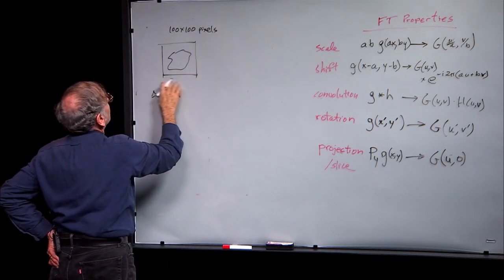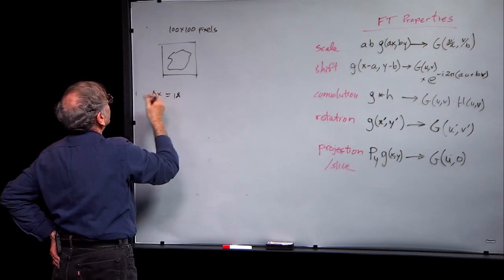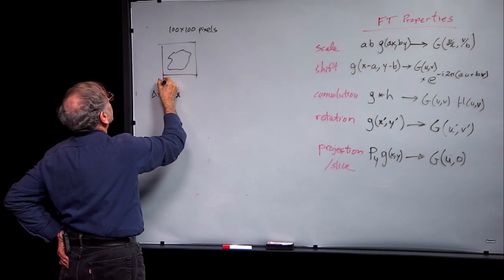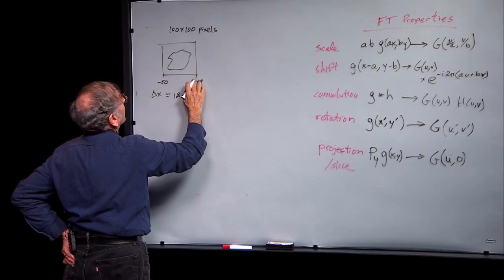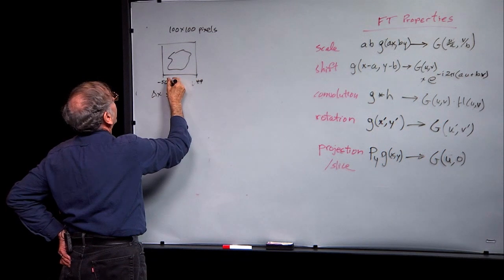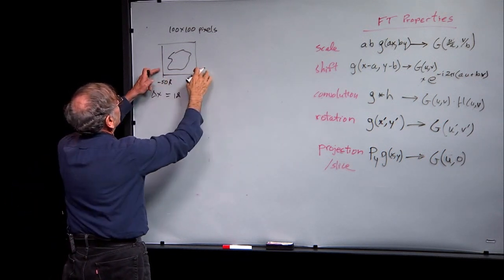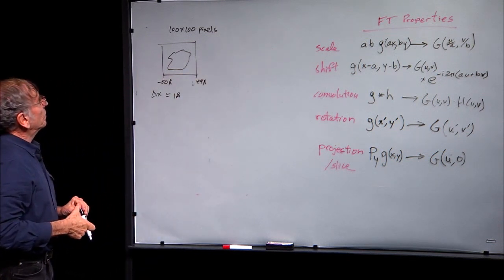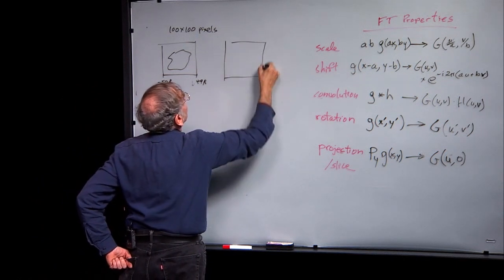So we could say in the x direction, or in the i direction, we go from minus 50 to plus 49 units, and our units are angstroms. So this is the calibration of the size of the image. It's 100 angstroms wide.